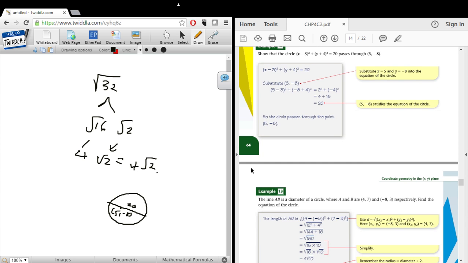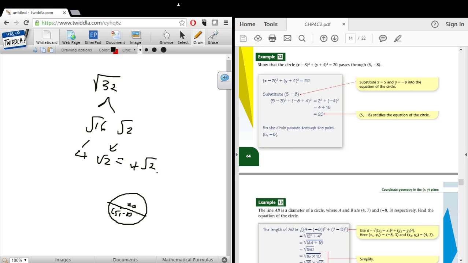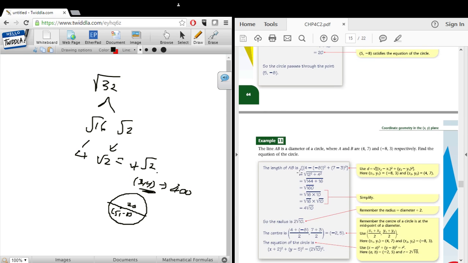If we were to get in this particular equation, for example 400, just a silly example to make the point, then the circle would not have crossed that point x y, whatever x y is.